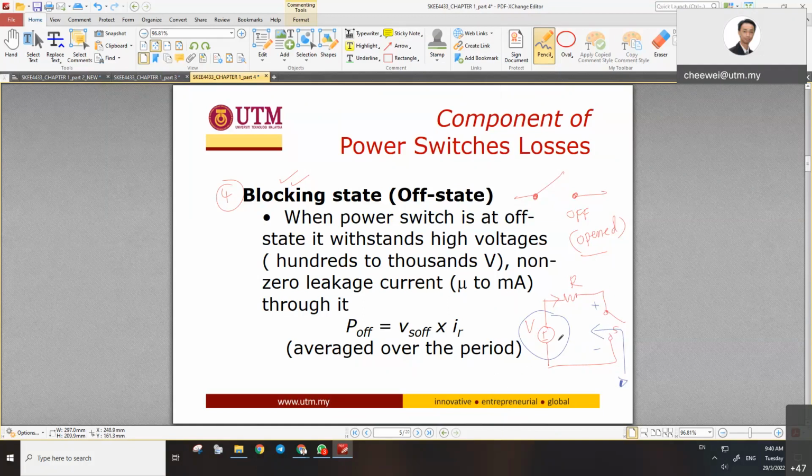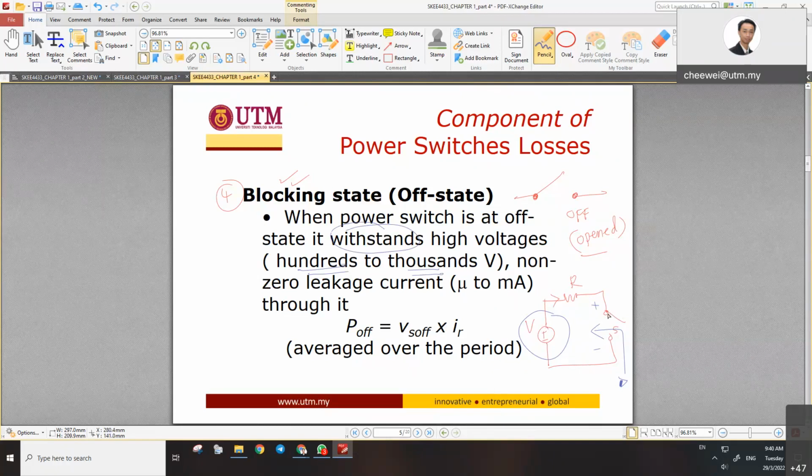So if the supply is high, then the voltage that the switch needs to support, or withstand, needs to be able to stand there and not die. Withstand. Okay, it's from hundreds to thousands, or maybe tens of thousands. Very big, isn't it?